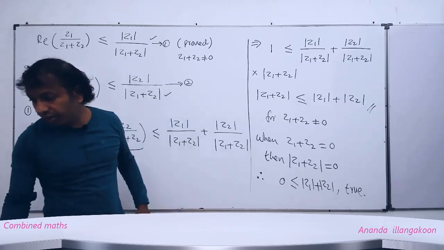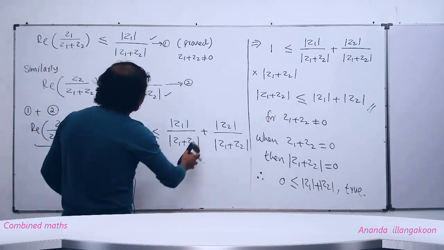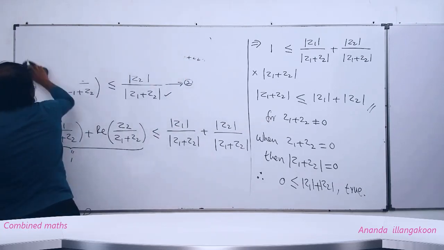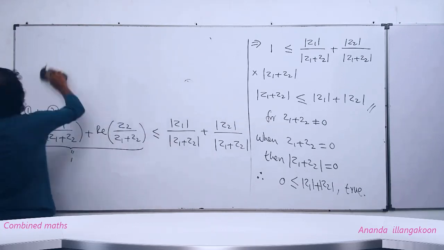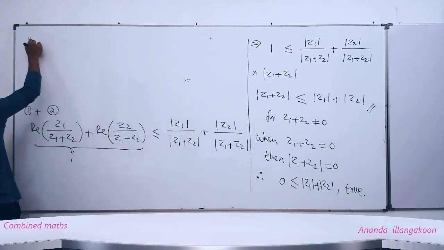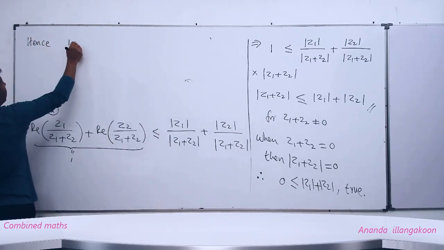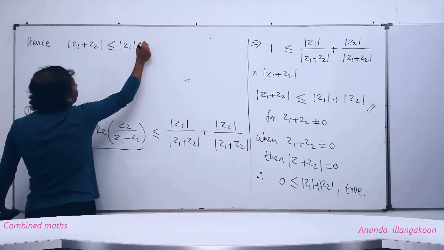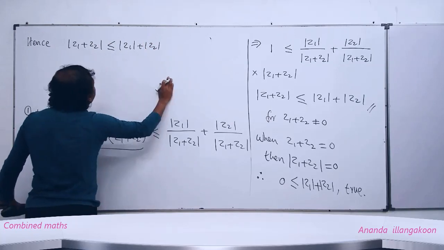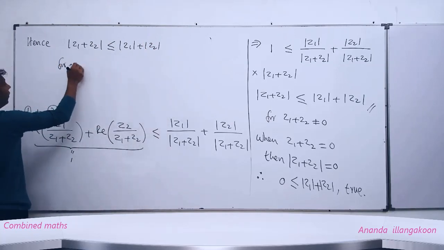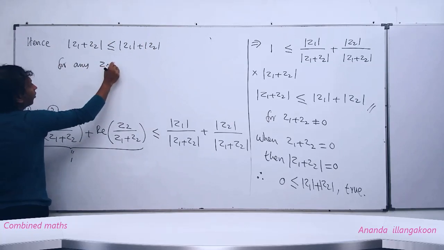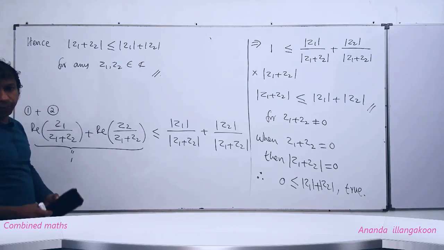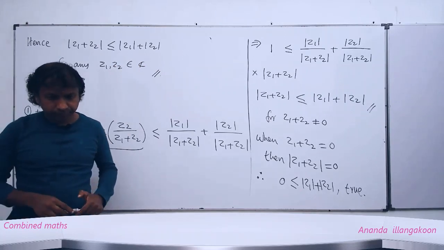Right? Then write down that. Therefore, hence, mod Z1 plus Z2 less than or equal to mod Z1 plus mod Z2 becomes true for any Z1, Z2 in the set of complex numbers. This is how we prove that part.